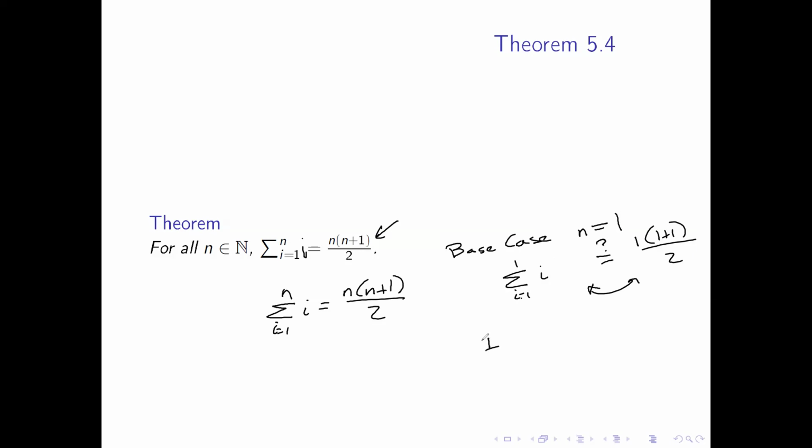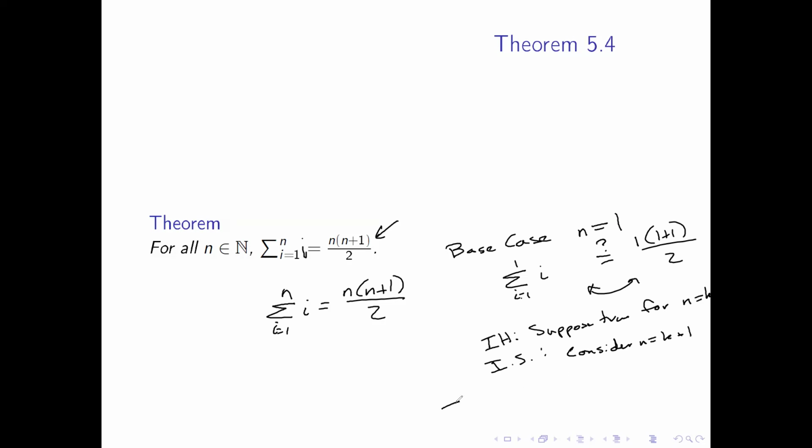We're going to suppose it's true. Our induction hypothesis is going to be that it's true for n equals k. And then we're going to do the induction step, which is to consider n equals k plus 1.